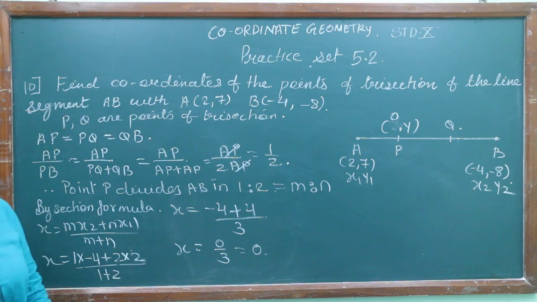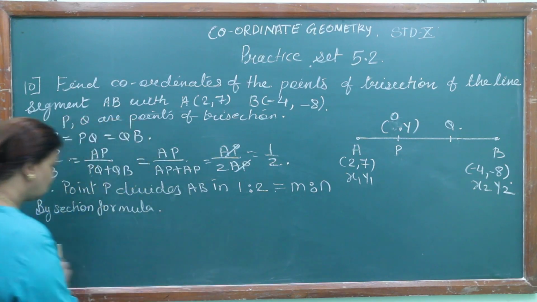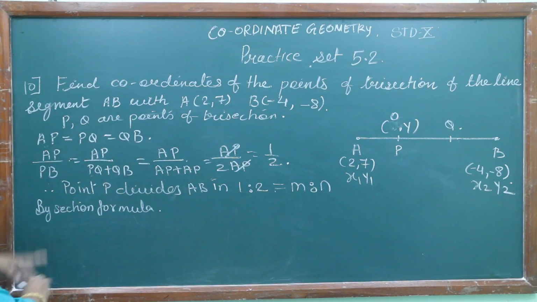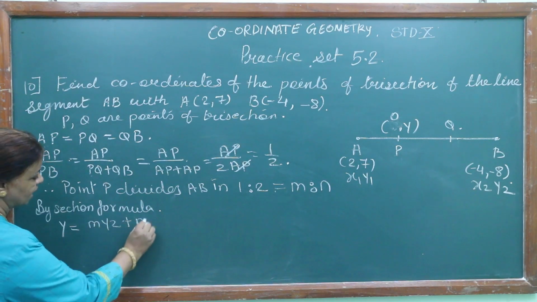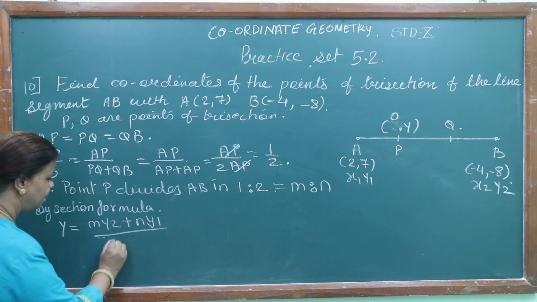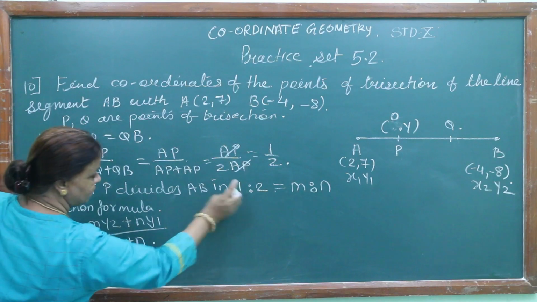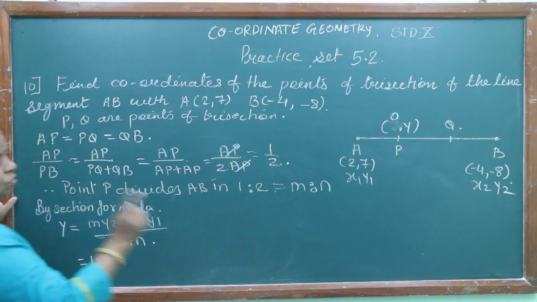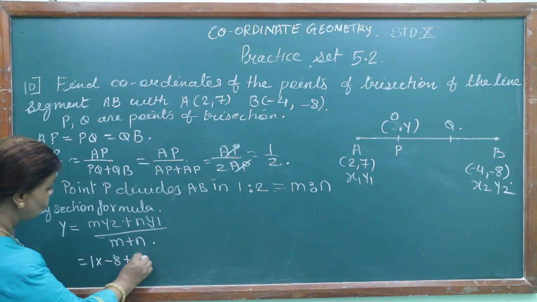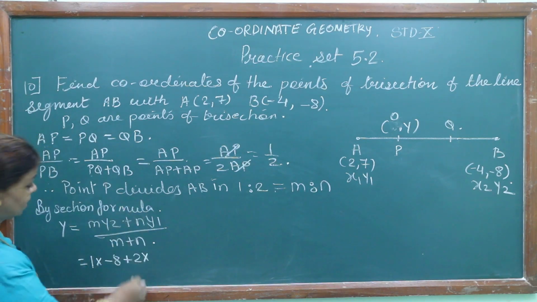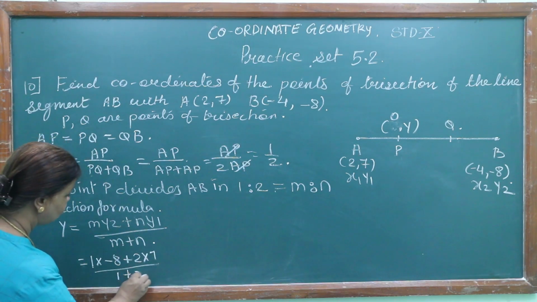Let us go for the y coordinate. So by the section formula, y is equal to (m y2 plus n y1) upon (m plus n), children. Now m is 1 into y2 is minus 8, plus n is 2 into y1, that is 7, upon 1 plus 2.